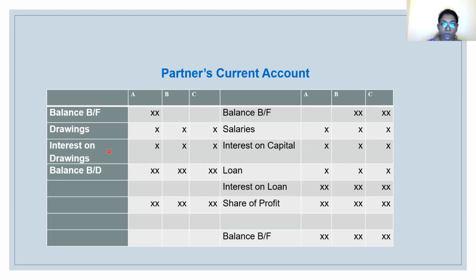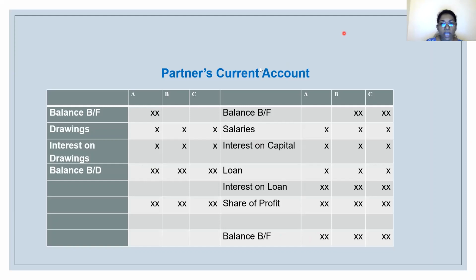Then the interest on drawings. If the partnership deed provides that they pay interest on their drawings, it will be debited to the partner's current account, and we credit it to the profit appropriation account. Finally, the balance is carried down from the debit side, and then brought back to the credit side as the balance brought forward.